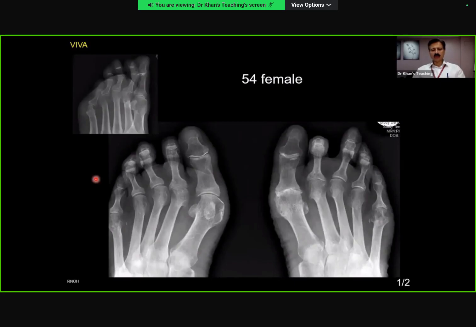Gout should be kept in mind. Gout will not be bilateral symmetrical. And the second point which was made was about the sclerotic margin of the erosion, which is quite pathognomonic for the erosion of gout, and we will see it shortly.